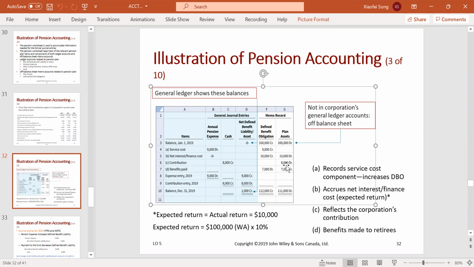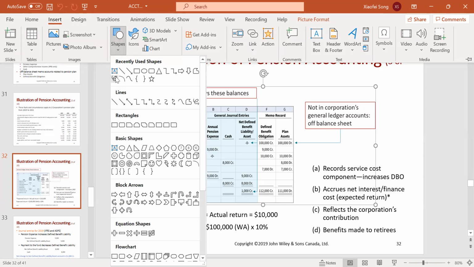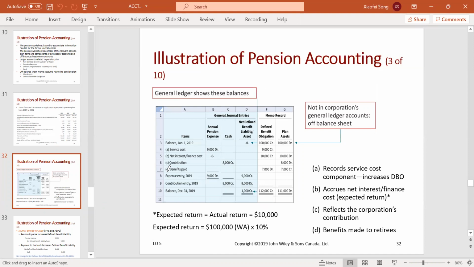So at the end of the year, from here on, these are real journal entries. The ones above are not journal entries.